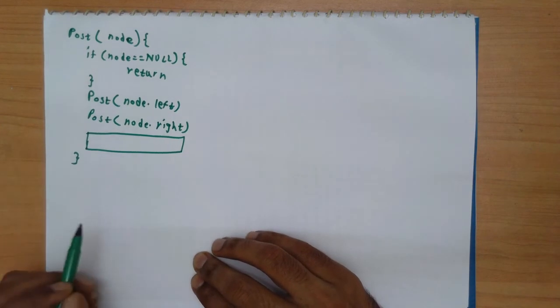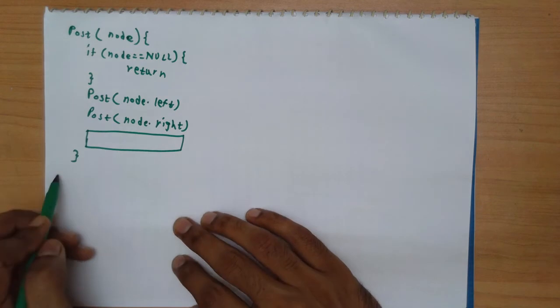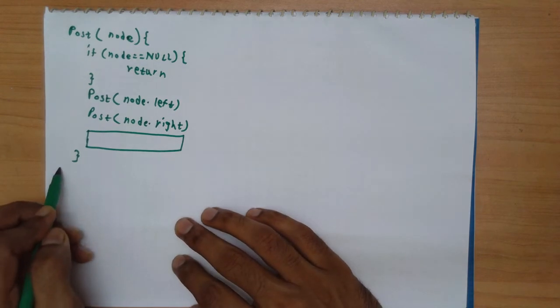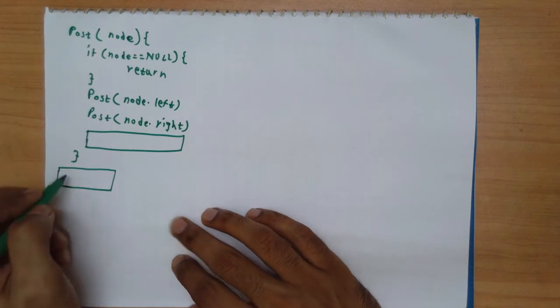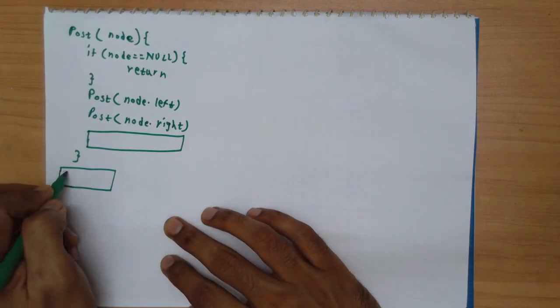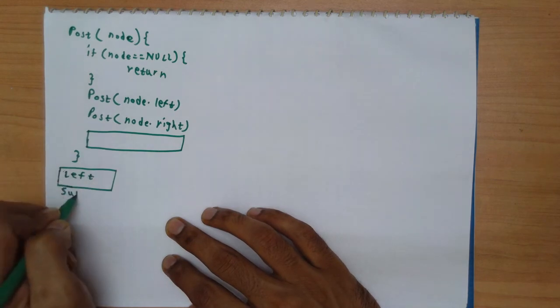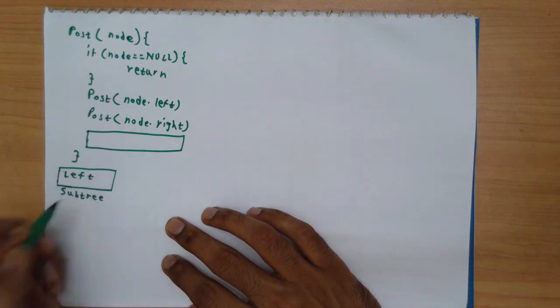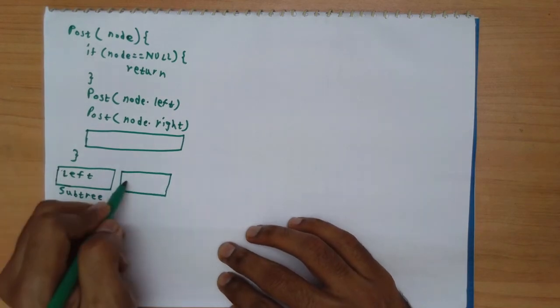If you look at the logic of generating the output, what I want in the output is the post order traversal of my left subtree, and then the right tree's post order traversal.